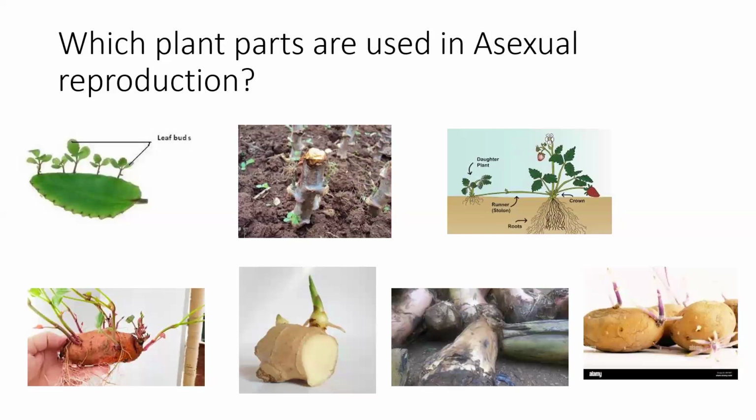Then what else did you look at? Binary fission, cells divide into two and each cell becomes a new plant, okay? Vegetative reproduction is still asexual, but it occurs in plants where any other plant part apart from the seed can develop into a new plant, right?